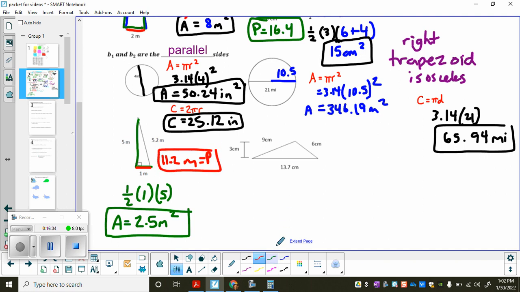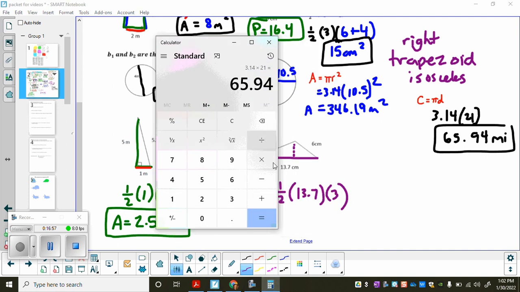And now for this, it looks like an obtuse triangle. So for the obtuse triangle, it looks like here the base is this 13.7, and the height is listed out here, the 3. So for this one, area is half base times height, so half the 13.7. The height's a 3. I might bust out the calculator for this one.